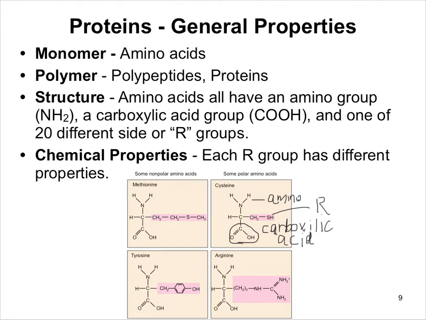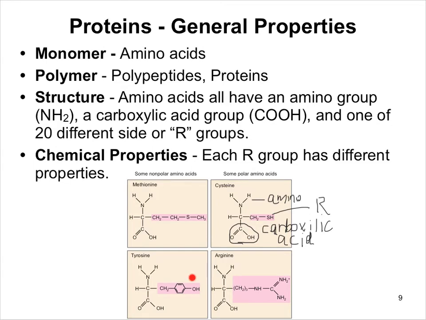And so some R groups are nonpolar. This R group here, this is methionine. It has a fairly nonpolar R group. This is mostly nonpolar bonds. This is a polar R group right here. This is a cysteine, and this SH here is somewhat polar.